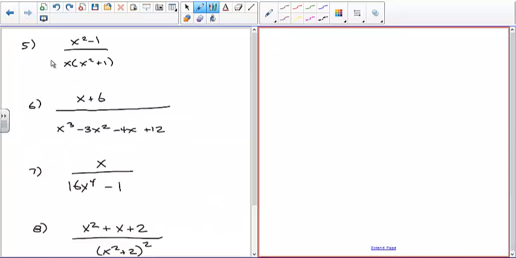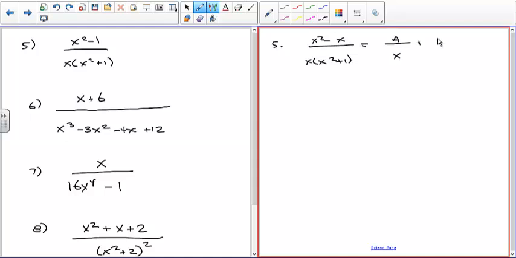And the next group are problems with quadratics. So number 5, we have a linear factor and a quadratic factor. So when that happens, for quadratic factors you don't just have a single constant.